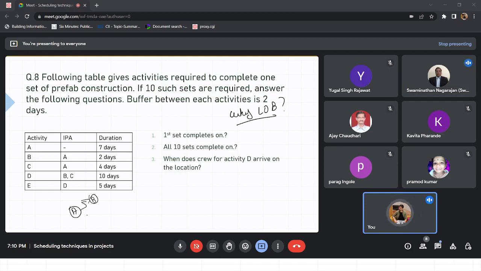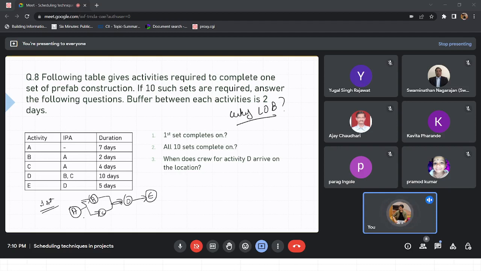Okay, let's make the network diagram for this first, and let's see if it looks the same as discussed. I think this is how our network diagram looks, right? So the relationships are the same; durations and buffer I have not written.